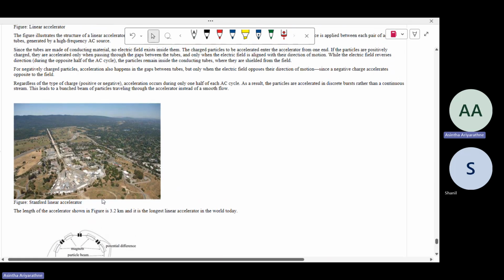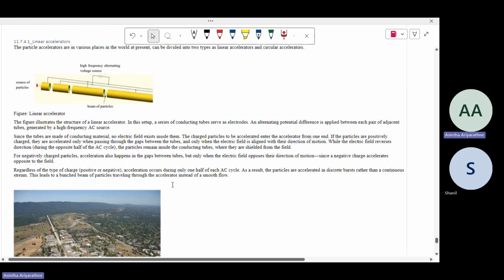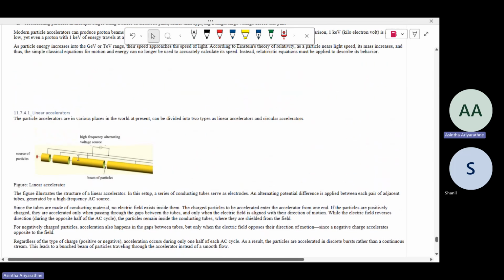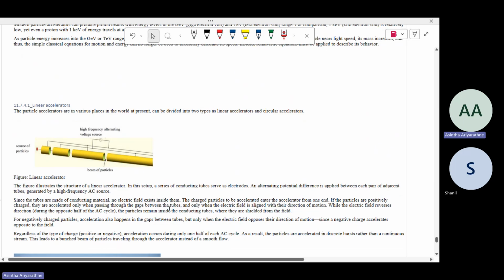This is the Stanford linear accelerator. Here this is the particle, and these are hollow cylindrical shaped electrodes, and these electrodes are charged.